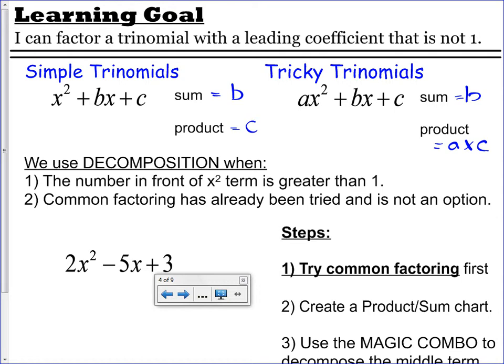Really, this is what simple trinomials are, because when it's simple, there's a 1 out here. So your product is just 1 times c, which gives you c. So really, you've been doing that. Now we have to do the tricky trinomials where we multiply these two numbers to figure out what it has to multiply to.